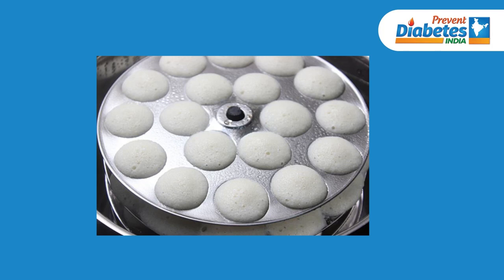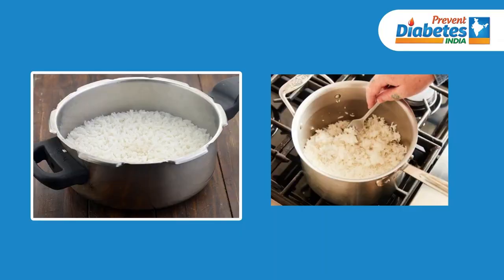Similarly, cooking methods like boiling, steaming, or roasting a carbohydrate could have a very different impact on our blood sugar levels. If we consider idli, because we ferment and steam cook it, the body processes the carbohydrates differently. Similarly, when we cook rice, sometimes we pressure cook it, sometimes we cook and drain the water, sometimes we cook without draining the water.